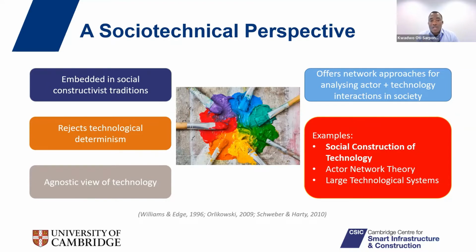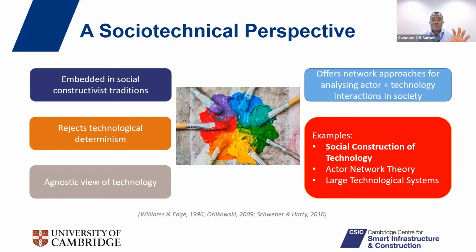It rejects technological determinism that has long characterized understandings about technological innovations, with emphasis on project-based international technology transfer. And by technological determinism, what is meant is the assumption that technology is the solution to all problems that can be identified.